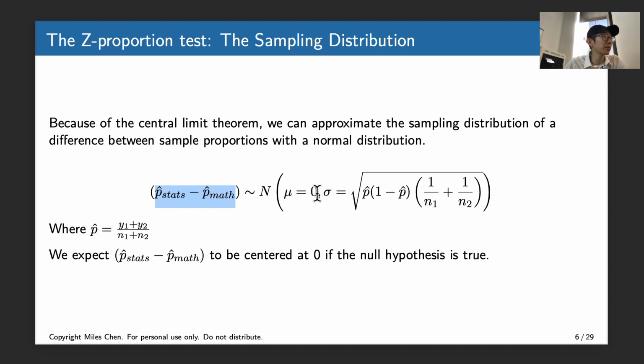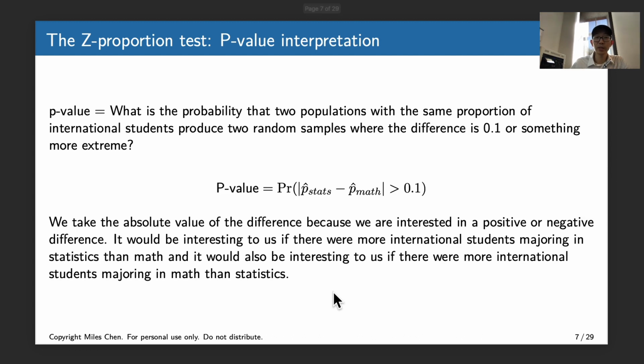Sometimes it's going to be greater than 0, sometimes less than 0, but if you did it a bunch of times, we expect it to be centered at 0. The standard error is just this ugly formula where you have to calculate p hat as the overall proportion of yes out of no answers and things like that. But again, we expect this difference to be centered at 0 if the null hypothesis were true.